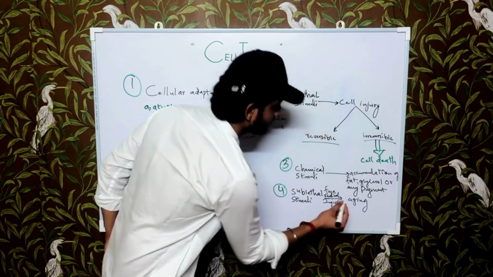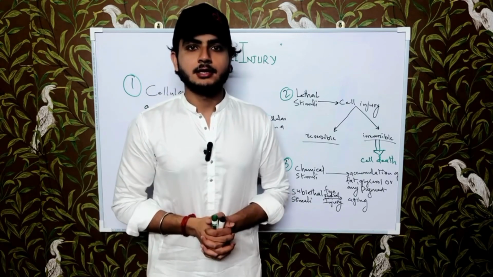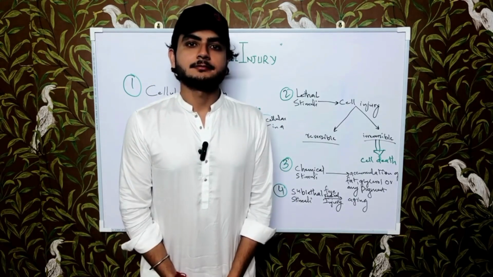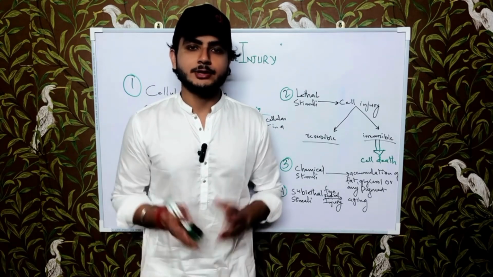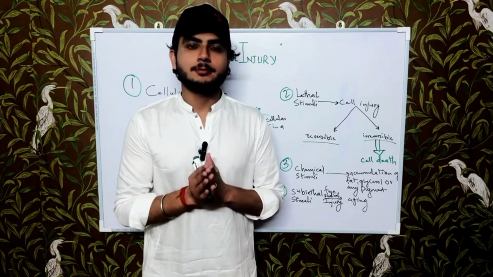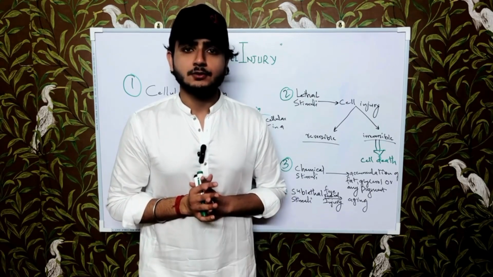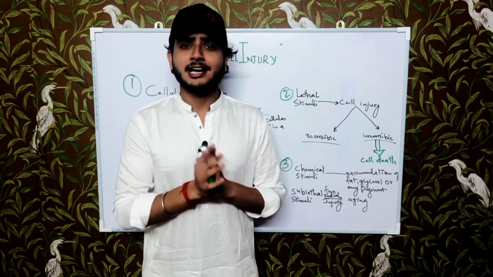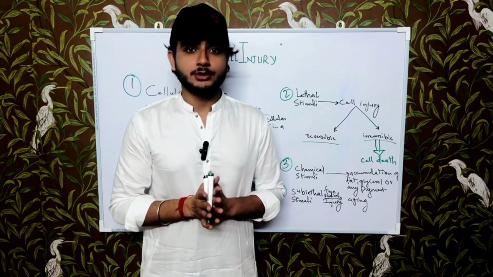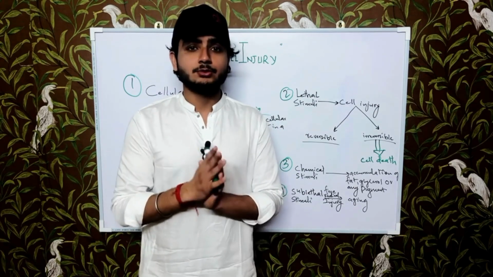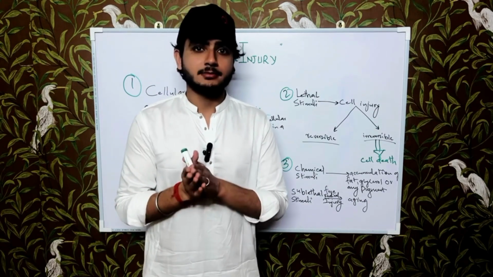Okay, so let's summarize what we have studied. We studied the response of the cell due to any physiological change. Due to any physiological change, the cell responds by cellular adaptations. We have five types of cellular adaptations, which include atrophy, hypertrophy, hyperplasia, metaplasia, and dysplasia. We discussed the definition of all of them. Atrophy means decrease in cellular number and size.